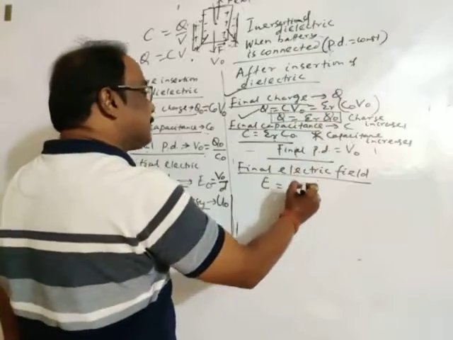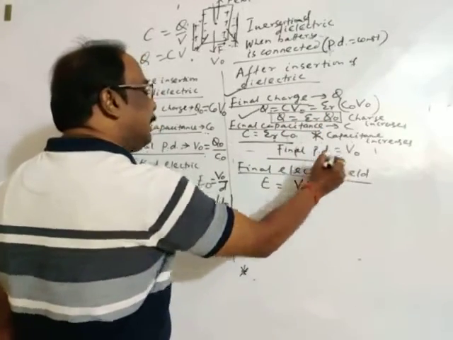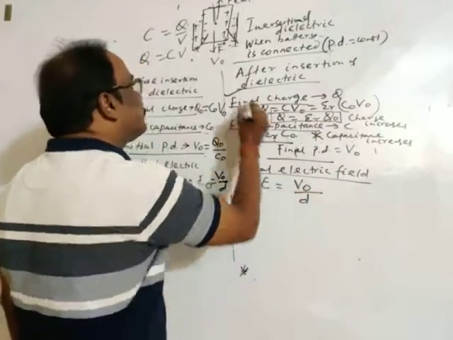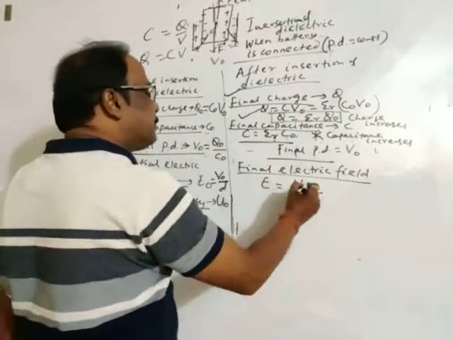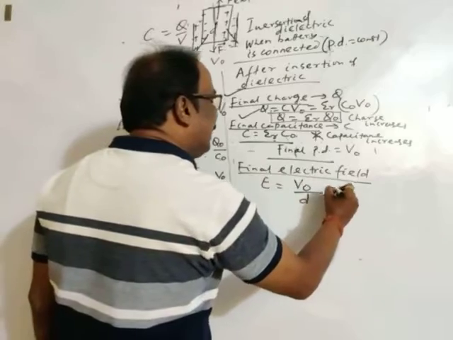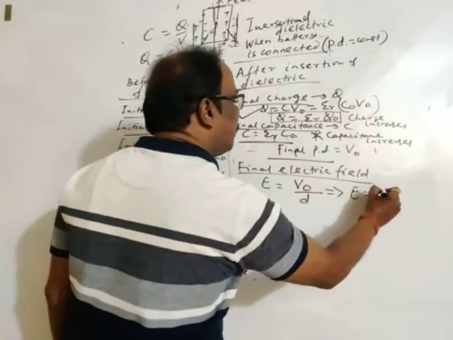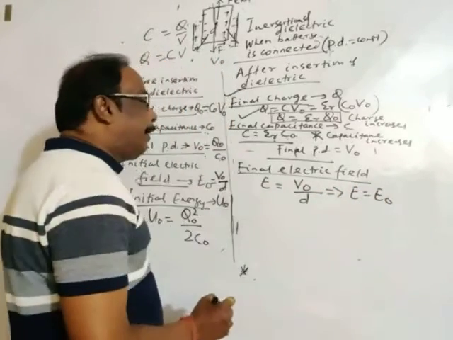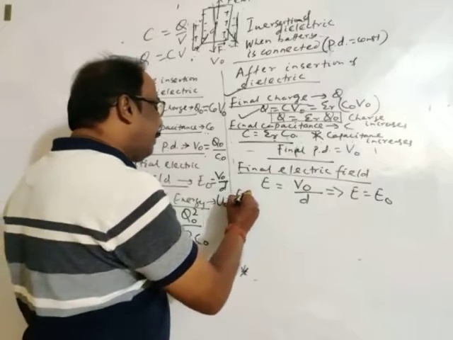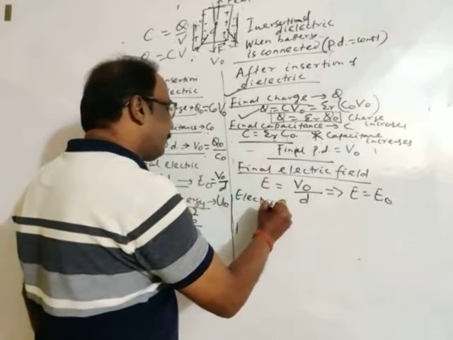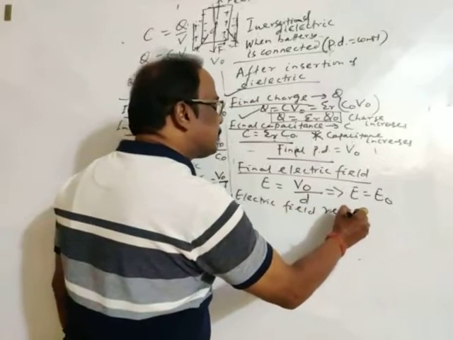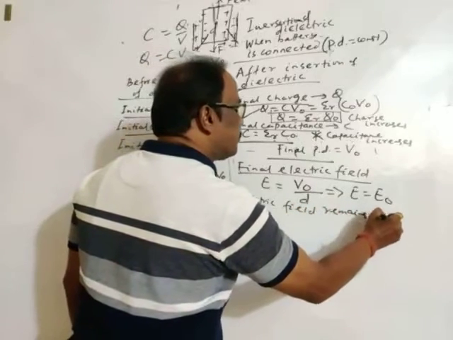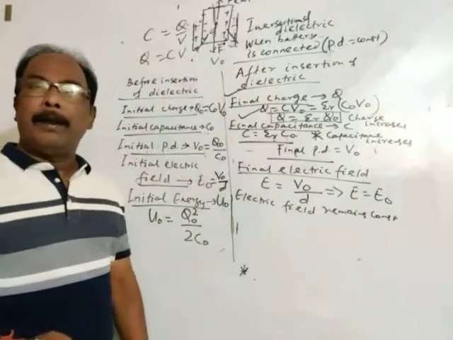Potential difference V naught is the same, and the distance between the plates d is also the same. This means final electric field is equal to initial electric field. So electric field remains constant.